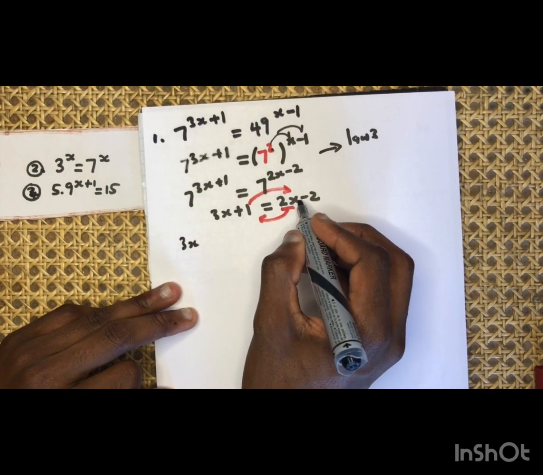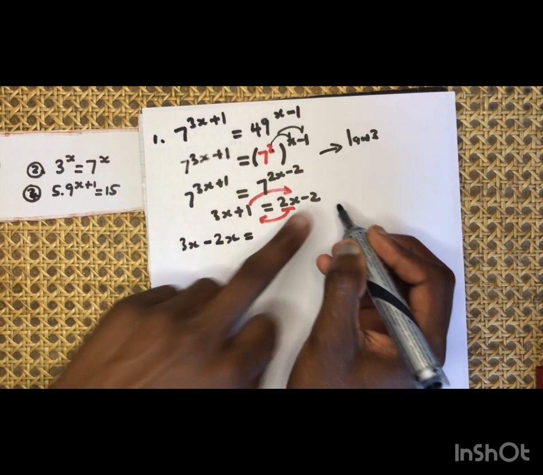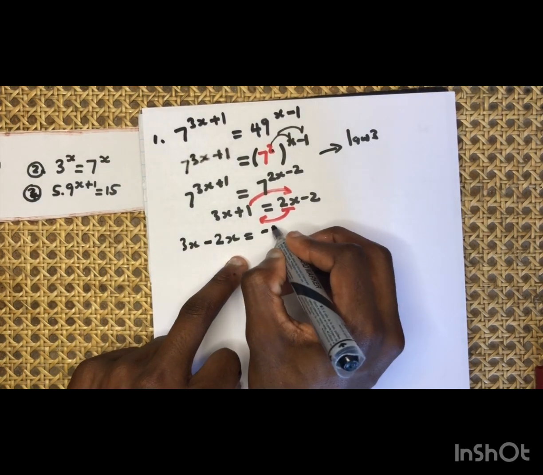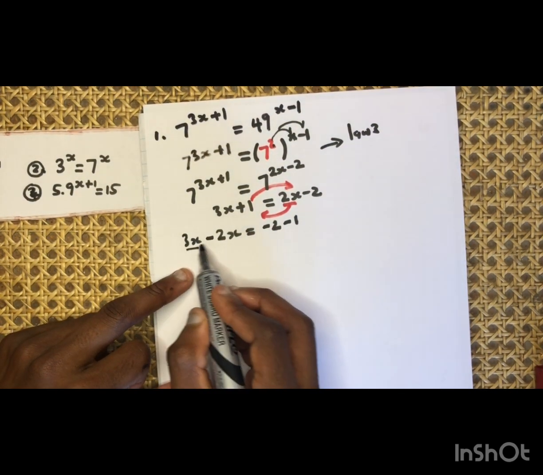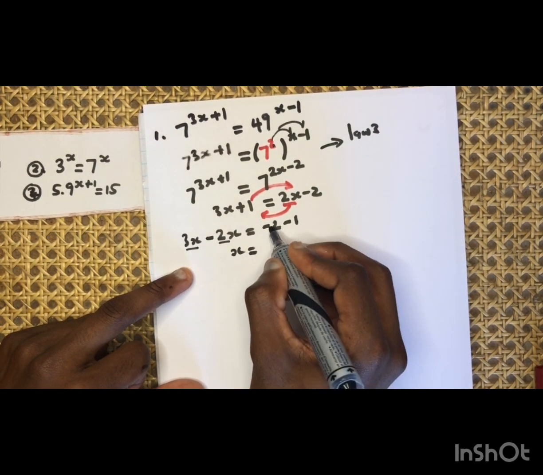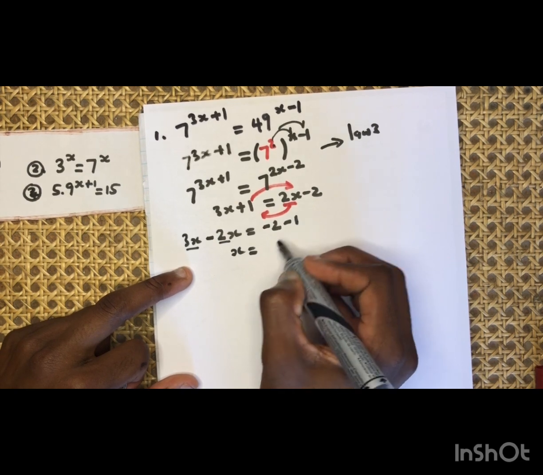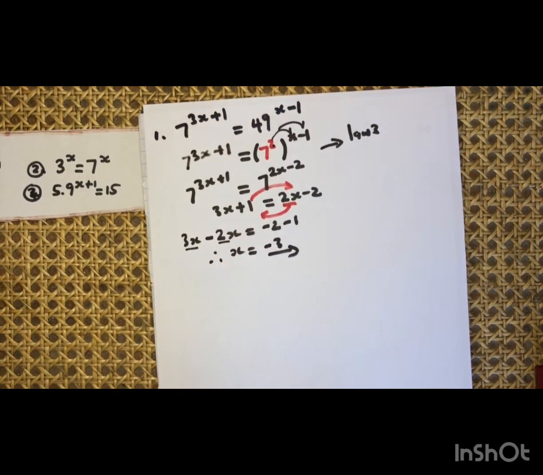When we transpose positive 2 to that side, the sign changes to negative 2. So on my right side I have negative 2. This one becomes negative 1. So 3x minus 2x, we get x. Negative 2 minus 1, we get negative 3. So this is your solution for x.